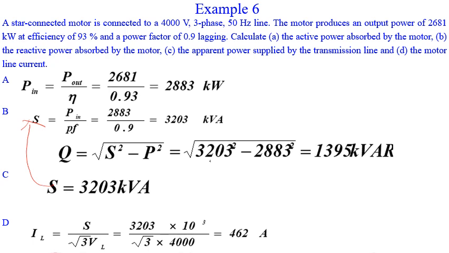So you simply multiply it. After multiplying everything, we get our line current as 462 amps. So this is how we use our formulas to calculate active power, reactive power, apparent power, and the line current in a three-phase circuit.